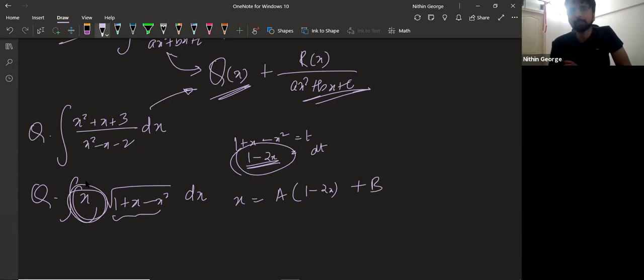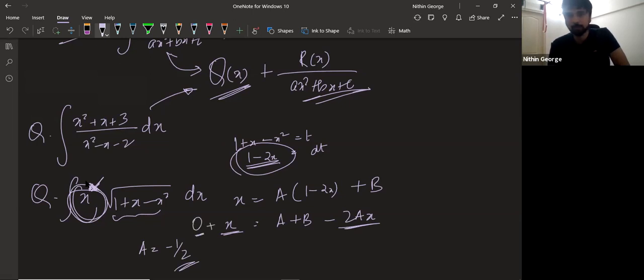Whatever is outside, I'll write in terms of the differentiated value of whatever is inside the root. a into (1 minus 2x) plus b. So here it becomes a plus b minus 2ax equal to x. Here directly you can equate the x coefficients. We can say a is equal to minus 1 by 2. And then the constant term here is 0, and that you'll equate with a plus b. a plus b is equal to 0. b is equal to minus a, which is 1 by 2.